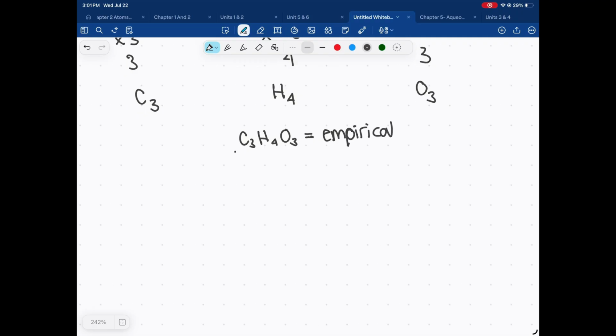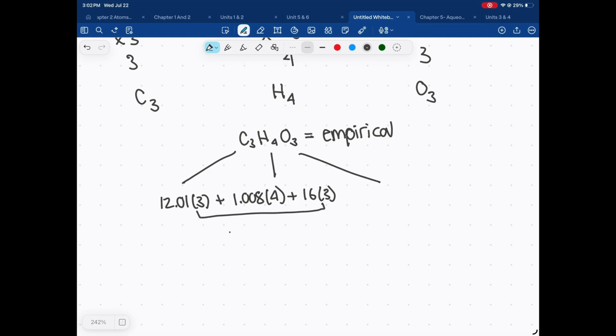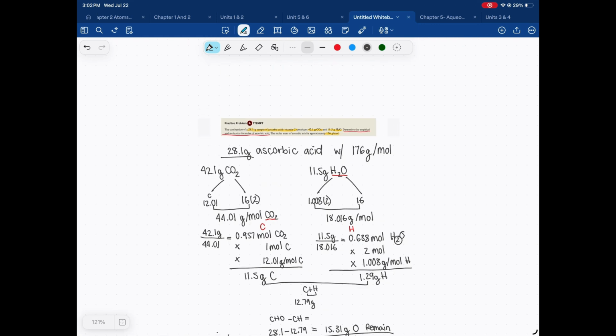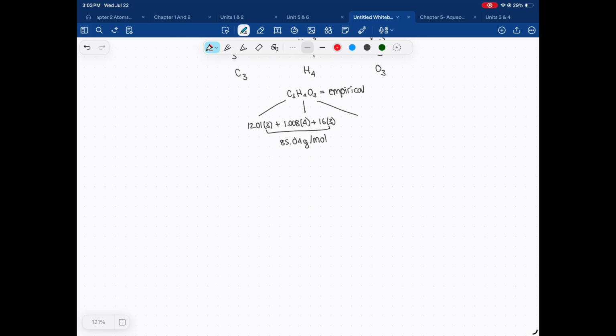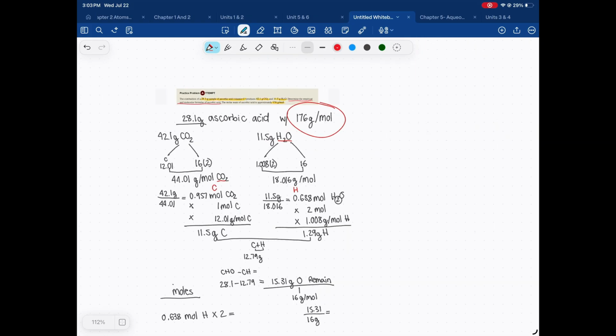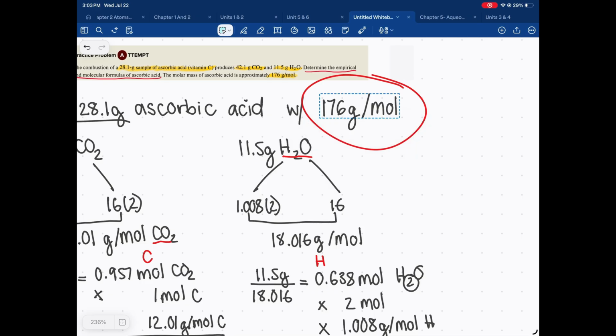giving me the empirical formula of C3H4O3. Now, in order to find the molecular formula, I need to find the molar mass of all the elements here. All of these combined give me a molar mass of 88.06 grams. So I know that I have, for ascorbic acid, 176 grams for the molar mass. Whoops.